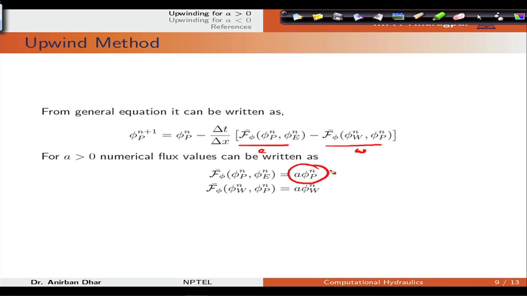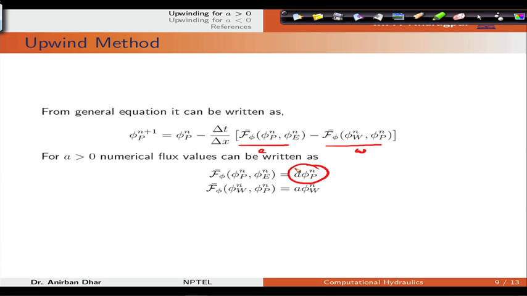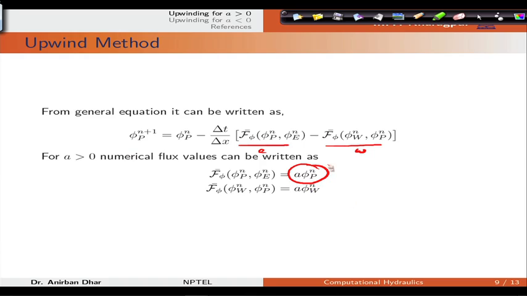So, we can say that the approximate value of numerical flux will depend on this cell P, which is the upwind cell, and for W phase, this is W because information is travelling from W to P for W phase.